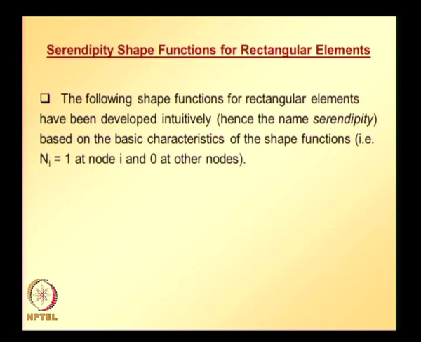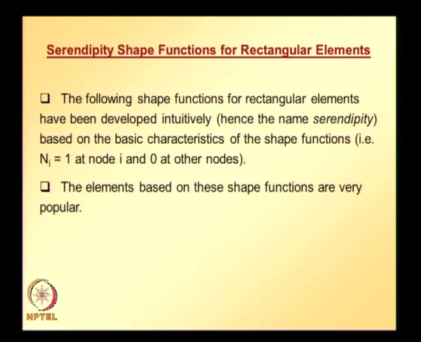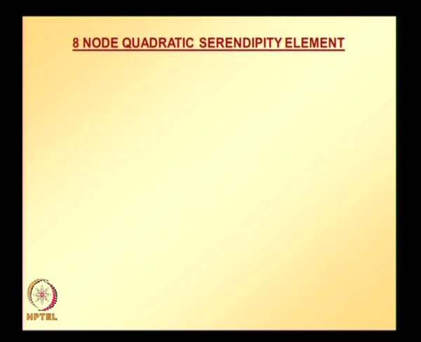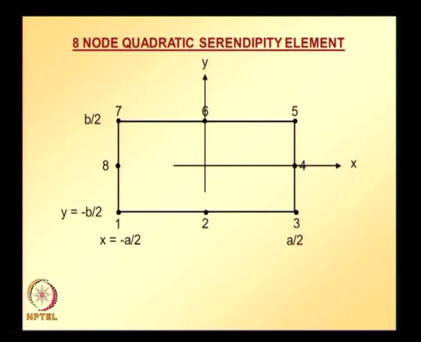Elements based on these shape functions are very popular. Their main advantage is that all the nodes are placed on element sides and thus there are no interior nodes. So now let us look at the 8 node serendipity element, which is a quadratic element.